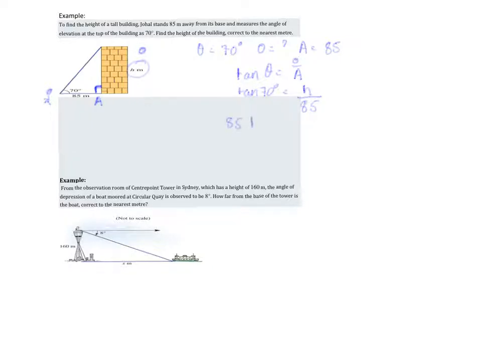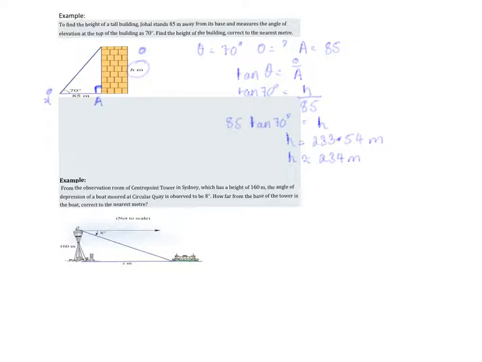So 85 times tan of 70 degrees is equal to the height of the building. When we put that into our calculator, we get H is equal to 233.54 metres if we round off. Now if you read the question, it wants it correct to the nearest metre. So to the nearest metre, it's approximately 234 metres.